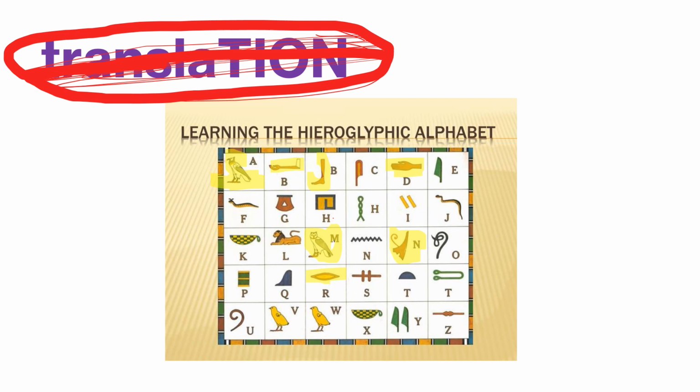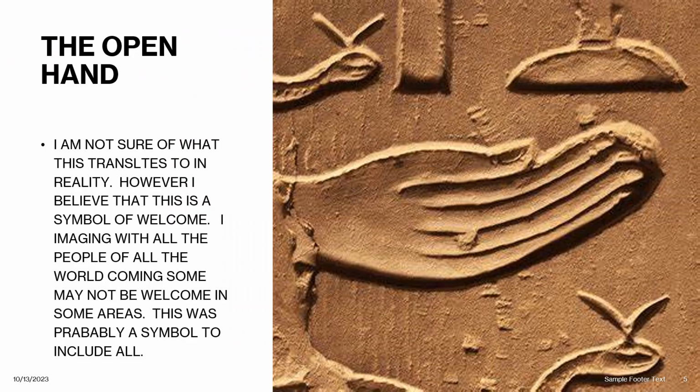What you see are common items that anyone can understand in open hand. A foot, a bird, a snake, a mouth, an ear. They're using parts of the body, parts of the land to describe what is going on here. Now, I'm not sure what this actually translates to in reality.